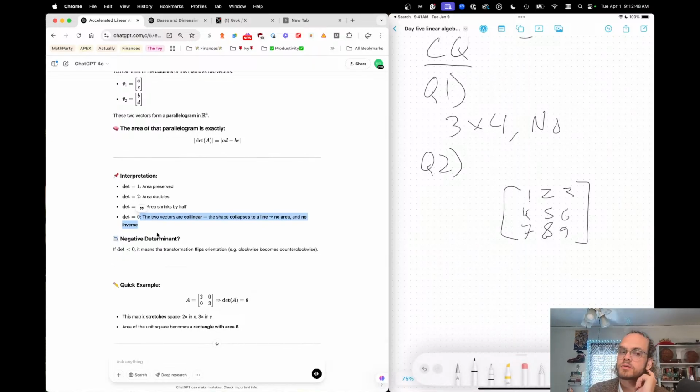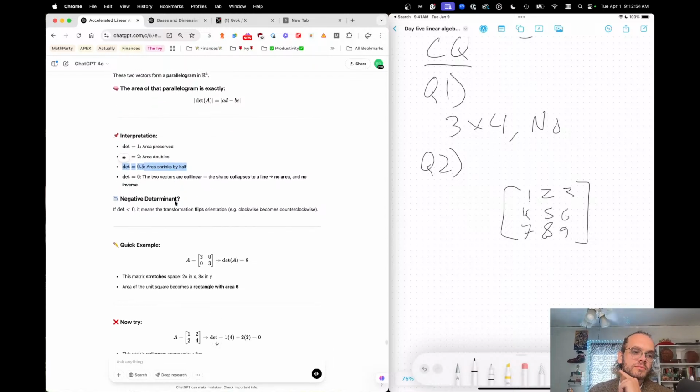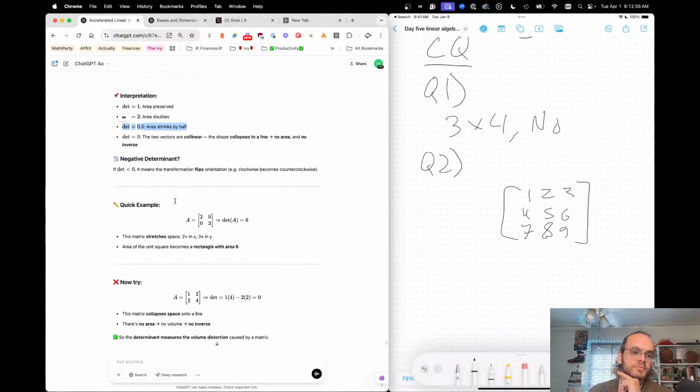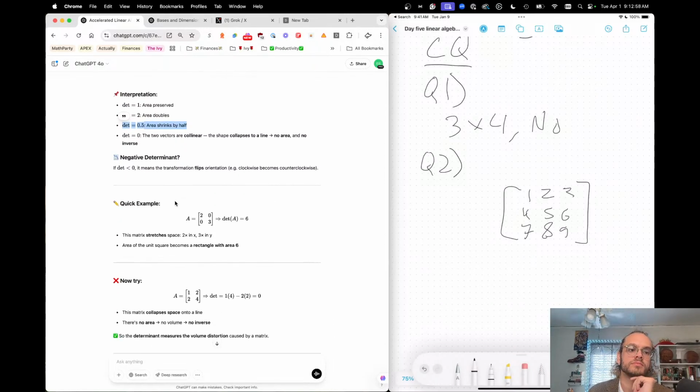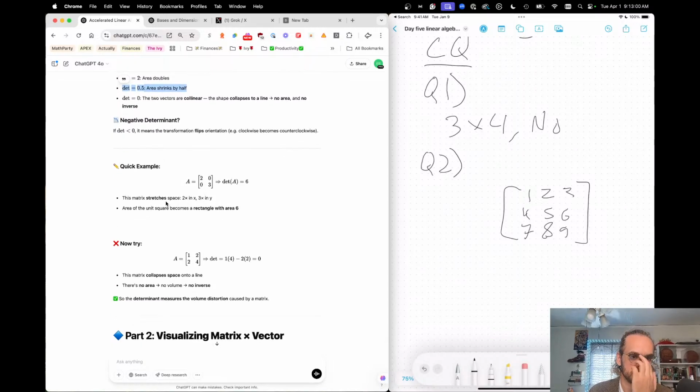If the determinant is 1, the area is preserved. Determinant is 2, the area doubles. Okay.